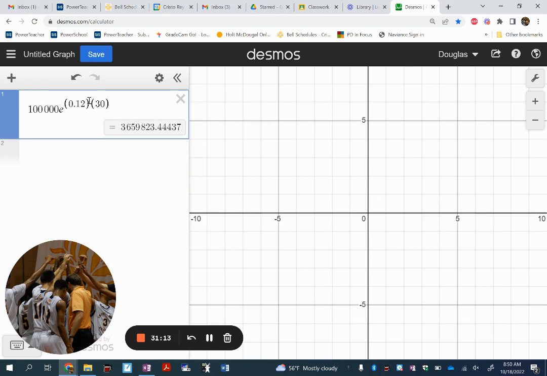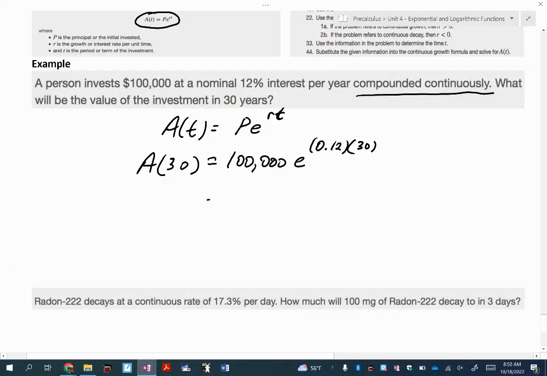That gives $3,659,823.44. So 3 million, 659 thousand, and then 823.44.